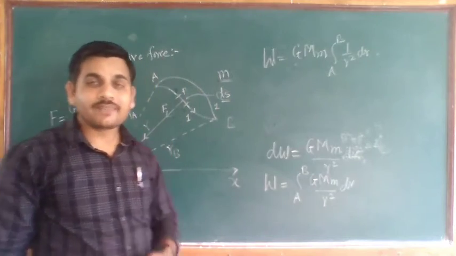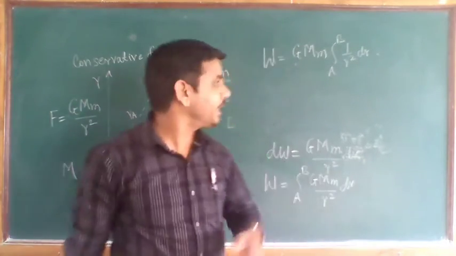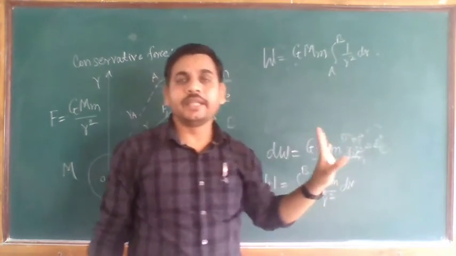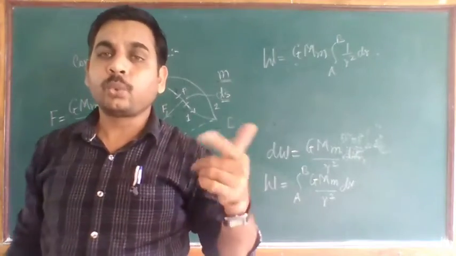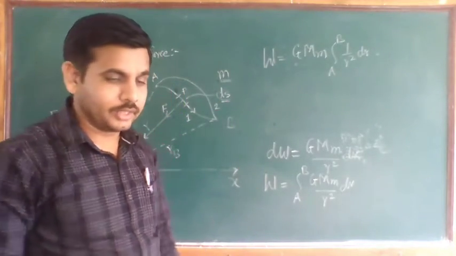So to determine the total work done, we have to integrate from A to B, 1 upon r square dr. The value of that integration gives the total work done.